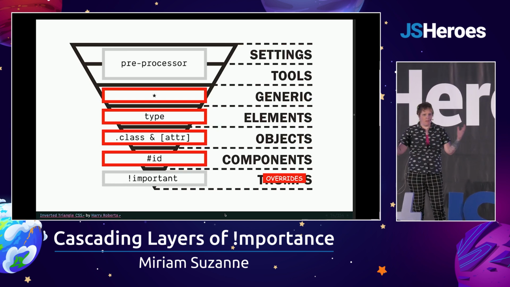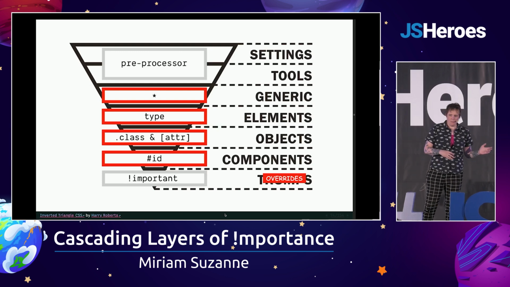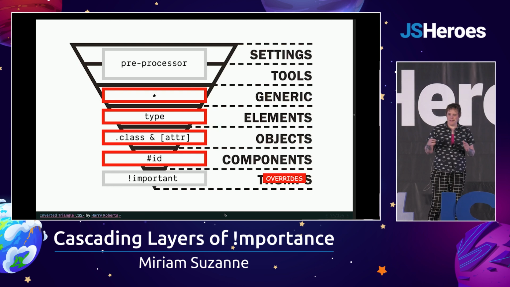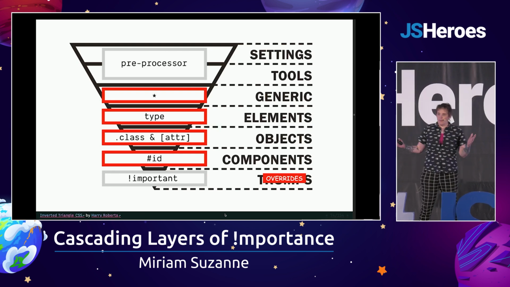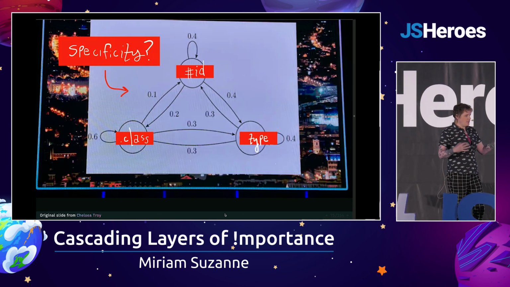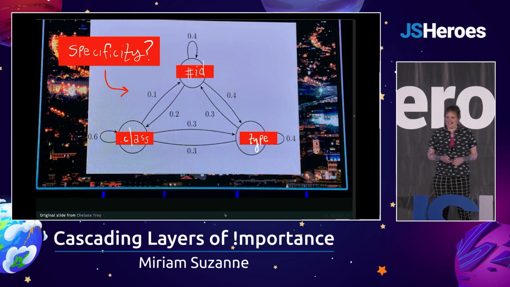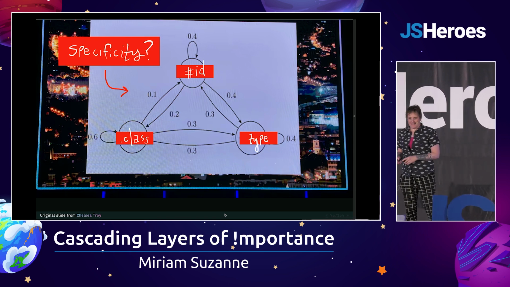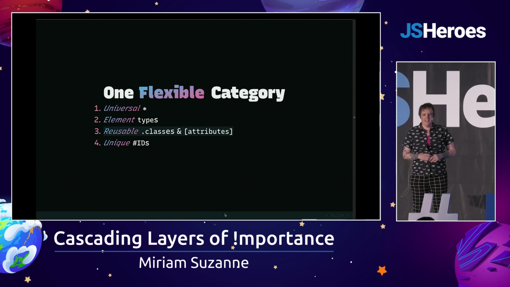Generic styles that might be universal, element styles that could be attached to an element type, and then we've got objects created out of classes and attributes, and then specific components might be able to have an ID, and then overrides at the end, maybe that's where importance gets involved. And we sort of attach numbers to these things. This is not actually specificity. It doesn't use Markov logic, but whatever, something like that.